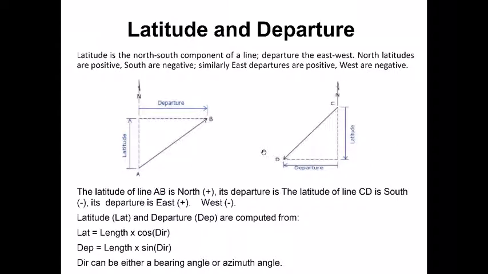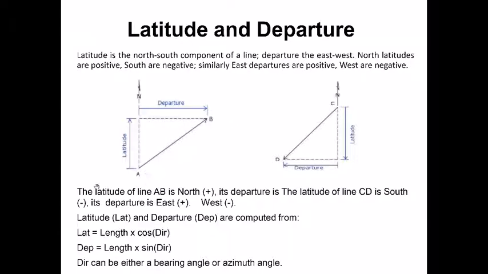So these are basically orthographic projections of a line. Let's say we have a survey line AB, and if you draw the orthographic projections, it would be these two projections, and these are represented as latitude and departure. So the latitude of the line AB is north.